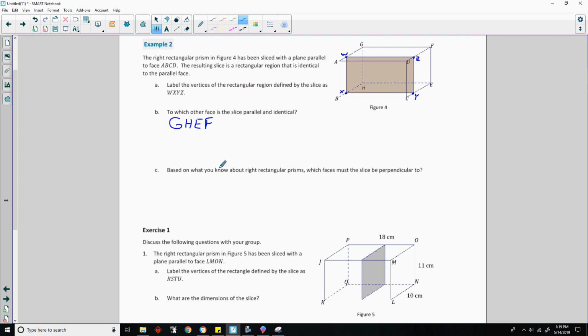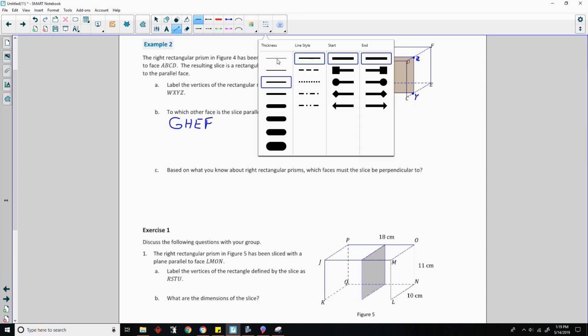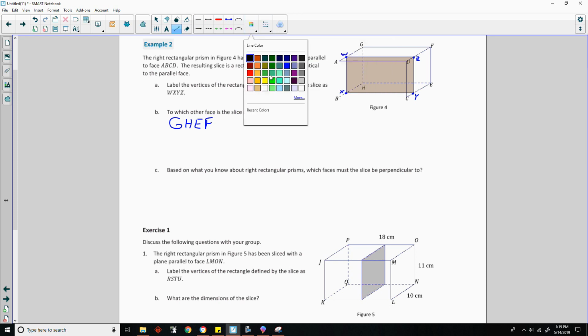Part C says, based on what you know about right rectangular prisms, which face must the slice be perpendicular to? By definition, perpendicular means it forms a right angle.